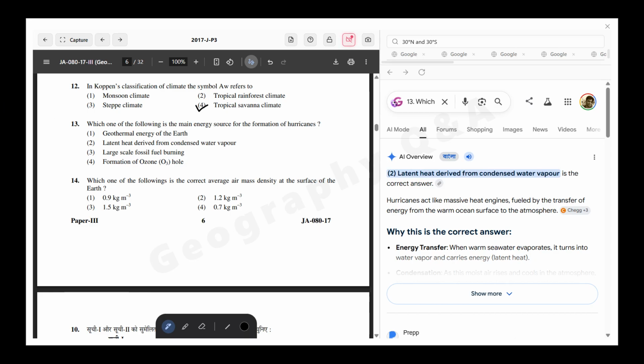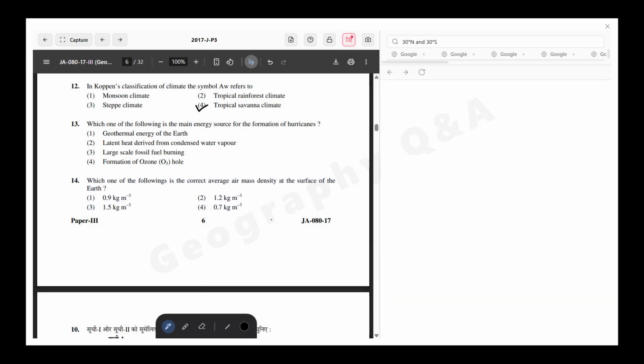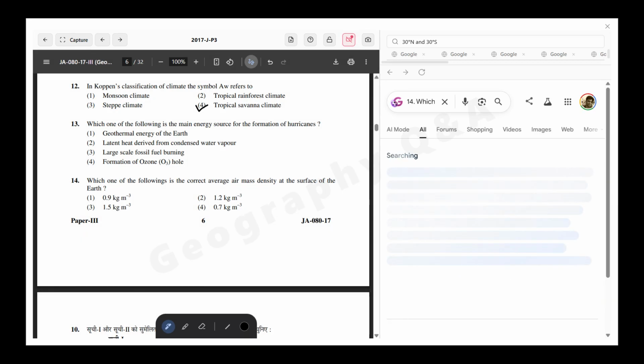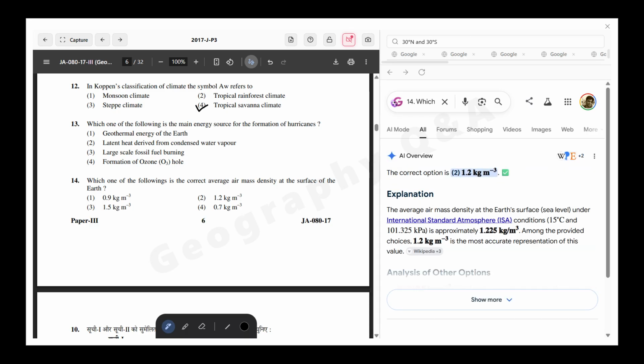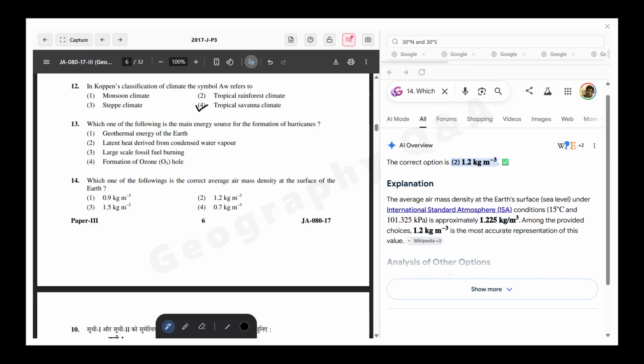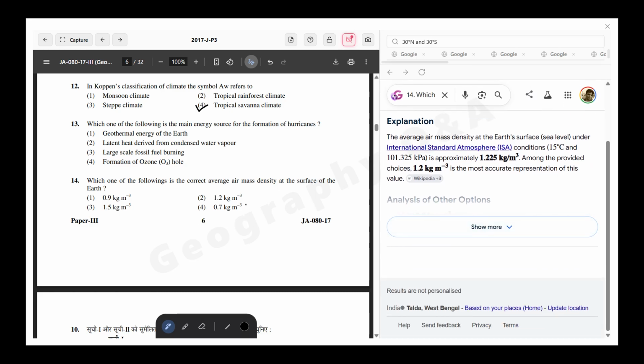Now the next question: which of the following is the correct average air density at the surface of the Earth? 1.225 is the exact answer, but the closest, 1.2 kg per meter cube, is the correct answer.